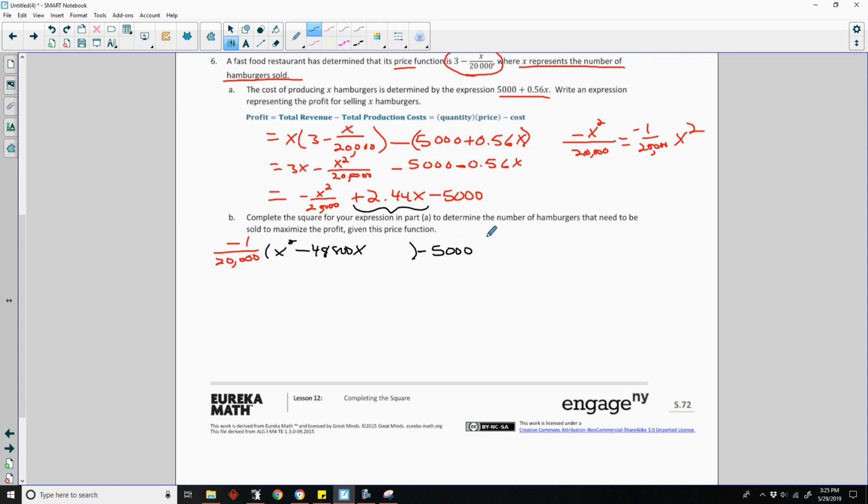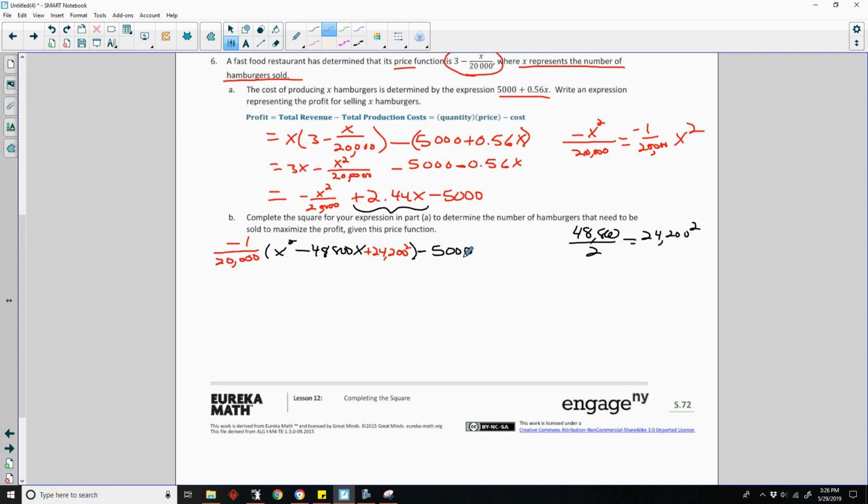So this may seem really difficult, but with a calculator it's actually not that bad. So then I take that 48,800, divide it by 2, and get 24,200. And I'm going to square that. So I'm just going to write that as plus 24,200 squared. And that's being subtracted, that's a negative over here.